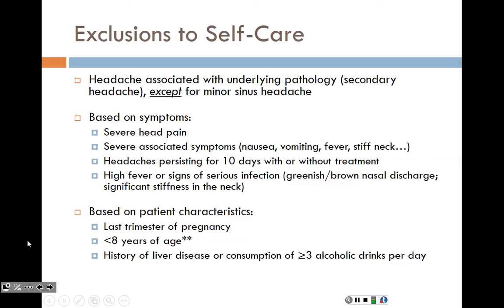Where would you do the cutoff for a moderate fever versus a high fever? We'll talk about fever later. Normally if it's over about 100-ish, if it gets up into the 101, 102, I say that's high. If it's below about 100, 101, it's probably just something we can treat at home, but we'll talk about that later.